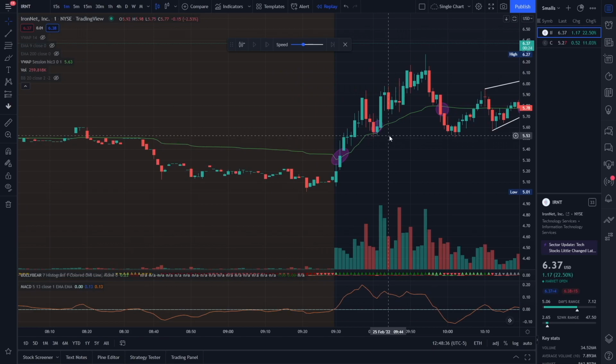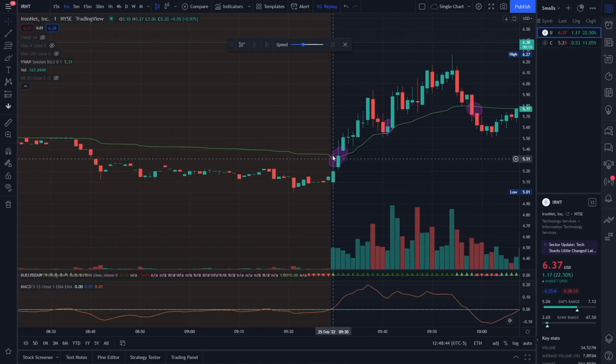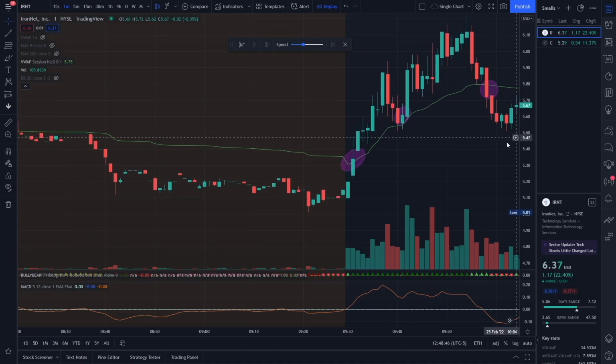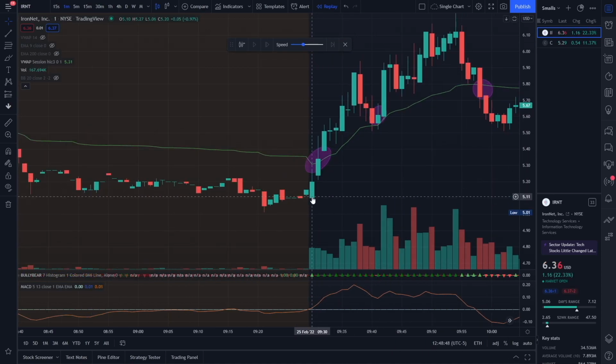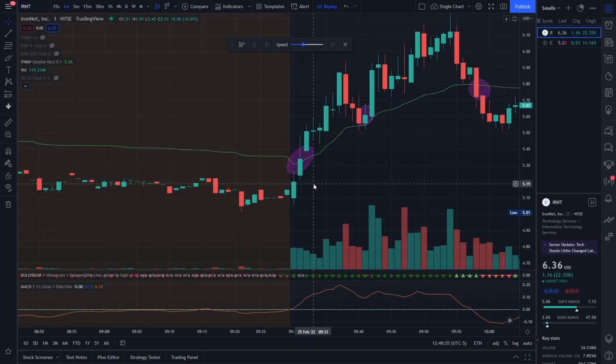So the first one is something that you guys played today, IRNT. At the market open right here, 9:30, we see this candle has a good amount of volume, 160,000 volume, and it starts to move up from the pre-market.